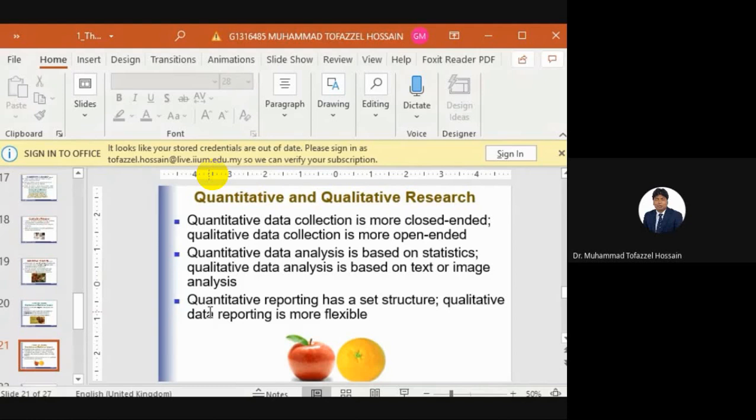So maybe a single photo can say a thousand words about their lifestyle or living standard, or their health condition, or the area where they are living, hygiene or other things, malnutrition or whatever it is, right? Yes, sir.